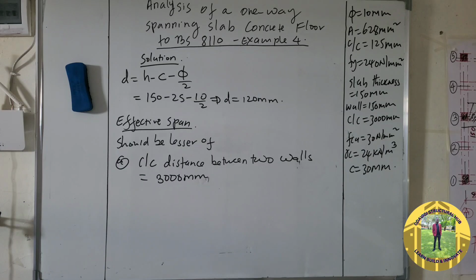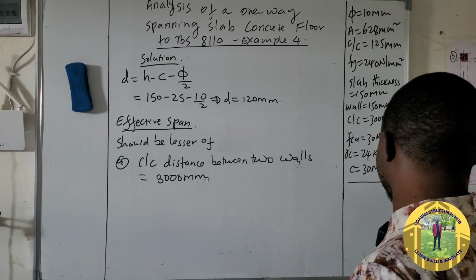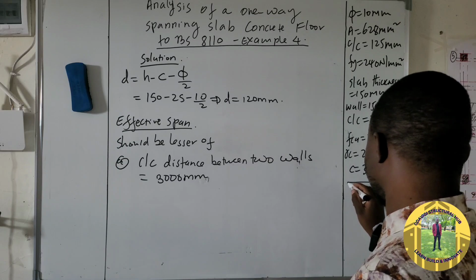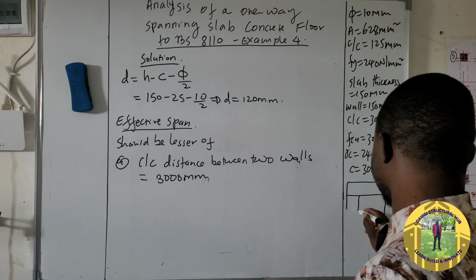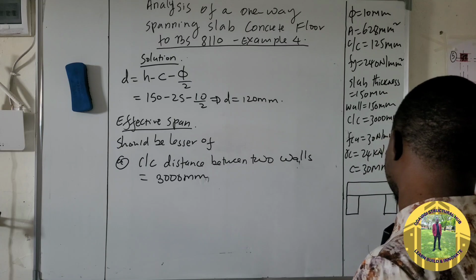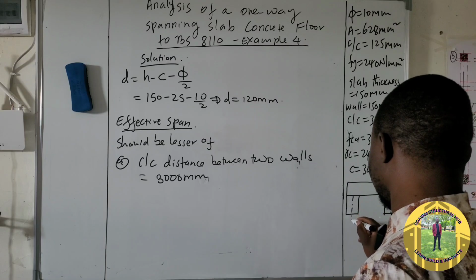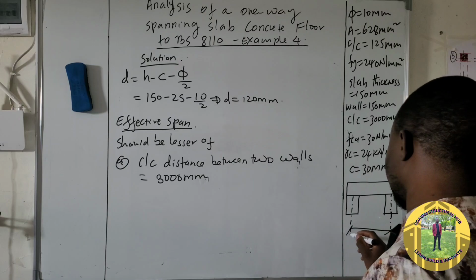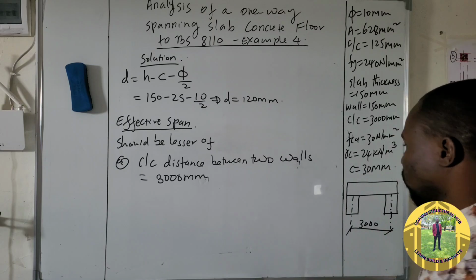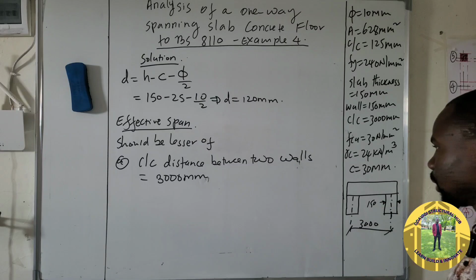So if this is a slab, the center to center distance is 3000, as you have seen in the question, and the wall thickness is 150 millimeter.